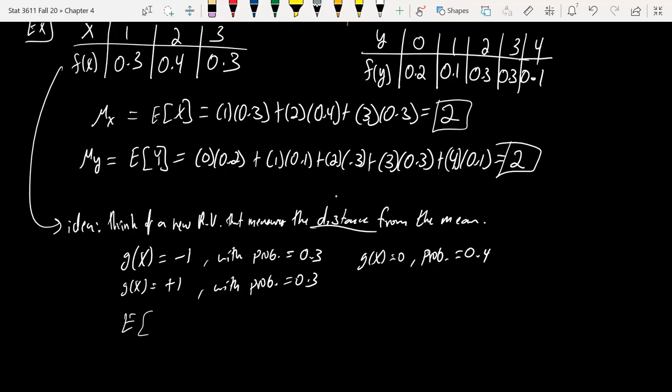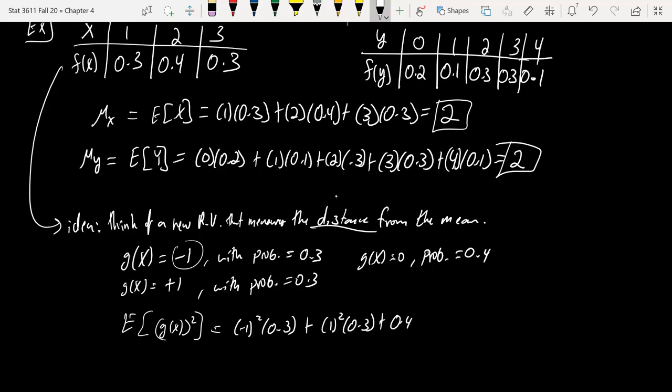Or alternatively, if I don't want to deal with negative distances, how else could I make these positives? I could just square them. So I'll take the expected value of the absolute value of g of x squared. That's going to be -1 squared times 0.3 plus 1 squared times 0.3 plus 0 squared times 0.4.